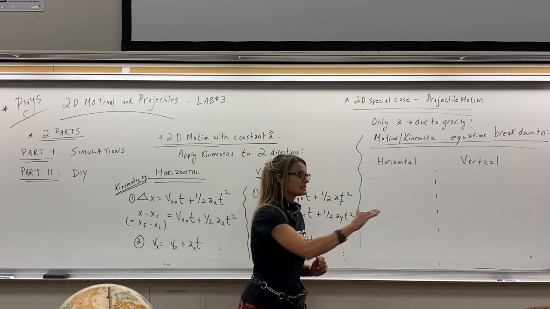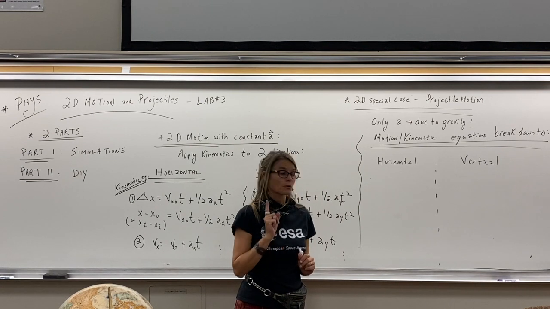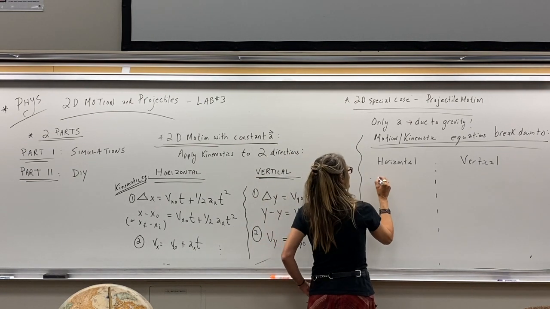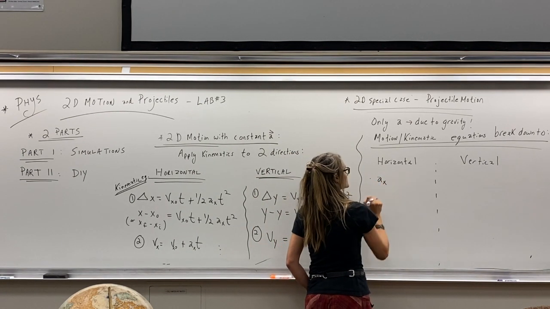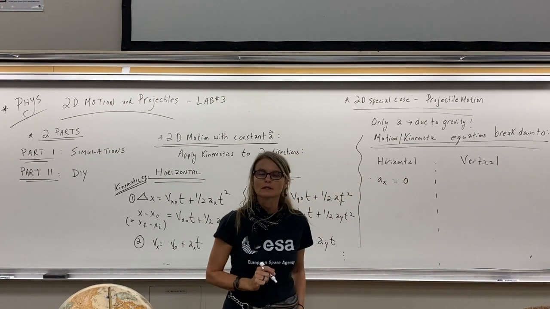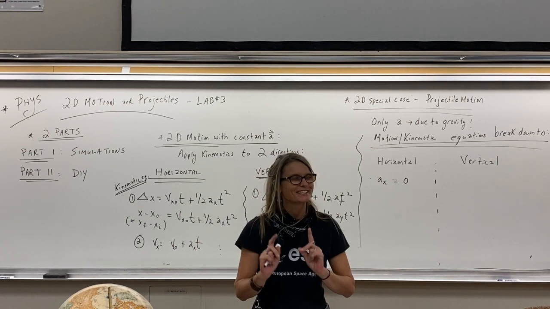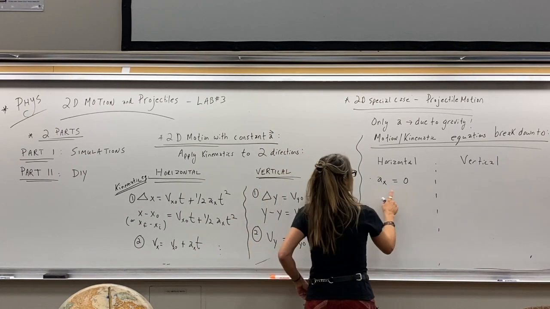But in that case, the only acceleration once I release the ball is due to gravity. It's only vertical. So if we look at the acceleration horizontally, that one should be 0. You should have a constant horizontal velocity, and what we're doing is ignoring air resistance, which might change that fact a little bit. So ax is equal to 0.